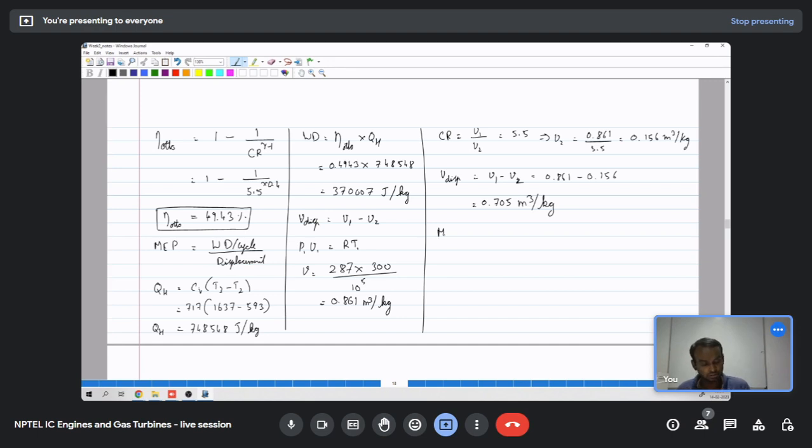Now mean effective pressure is work done per cycle divided by displacement volume 0.705.